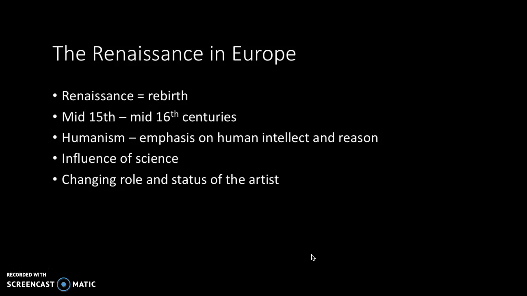And along with this, we see an influence of science. Artists who are developing scientific mathematical systems called perspective or linear perspective as a way to give the illusion of spatial depth on a flat 2D painting.